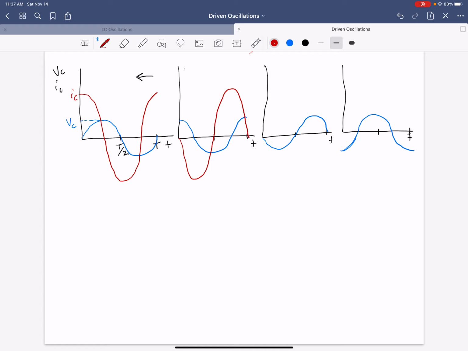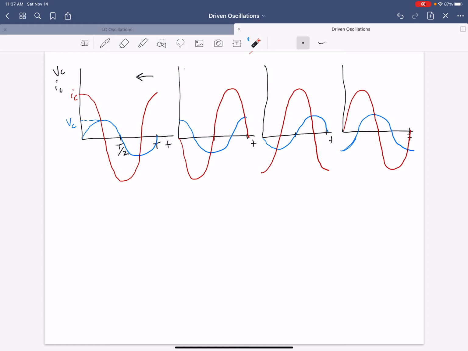Let's see, 1/2 phase later, the minimum should be here. Okay. And finally, it should be something like that. There. And so if you do the same thing with your eyes looking from 1, 2, 3, 4, the red hopefully should appear to be moving to the left, right?